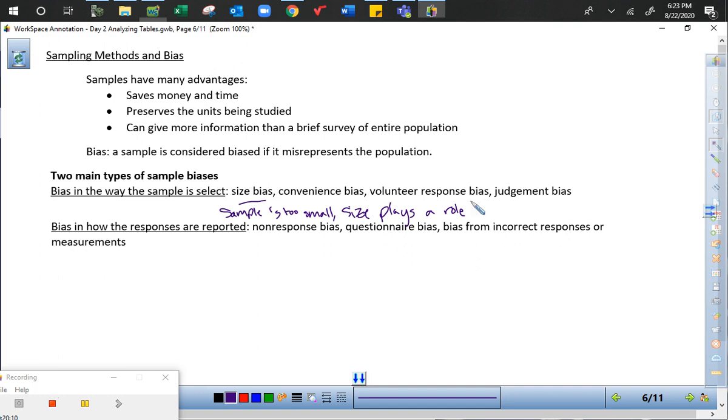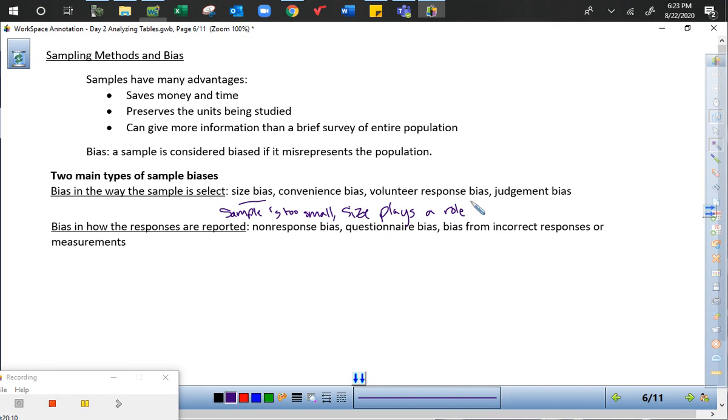The next one, volunteer response bias. This one is pretty self-explanatory. A lot of times when you're doing opinion surveys, a company wants to know how they're doing in terms of your satisfaction. The people who respond to those kinds of surveys are either very pleased with their service or very not pleased.